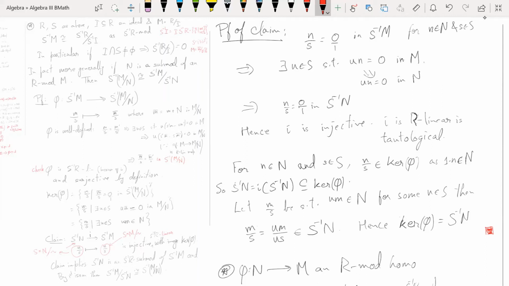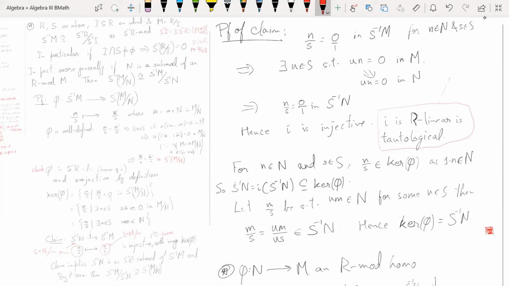Since I've written R linear, let's just check first that I is R linear, and then to check it's injective, you only have to check that if the image of something is 0, then that element is 0.